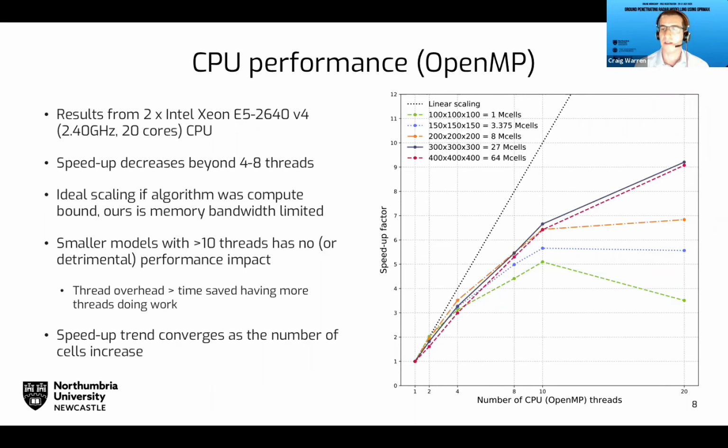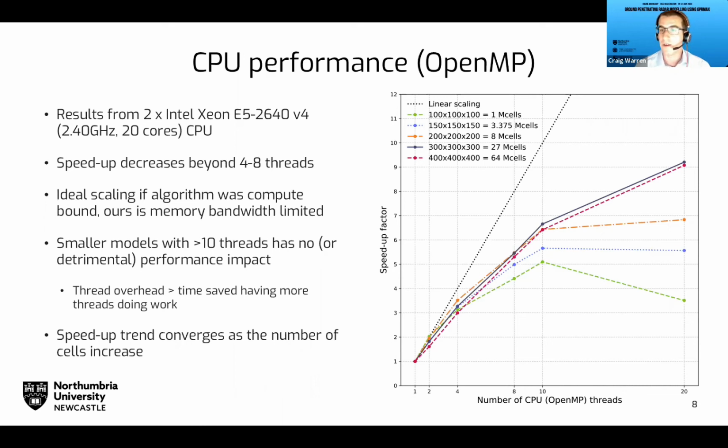That's because for the smaller models, the overhead associated with setting up all of these threads has a larger impact than the compute needed for that size of model. So when you have larger models that take longer to run, it's more worthwhile using more threads, because that overhead becomes a smaller percentage.